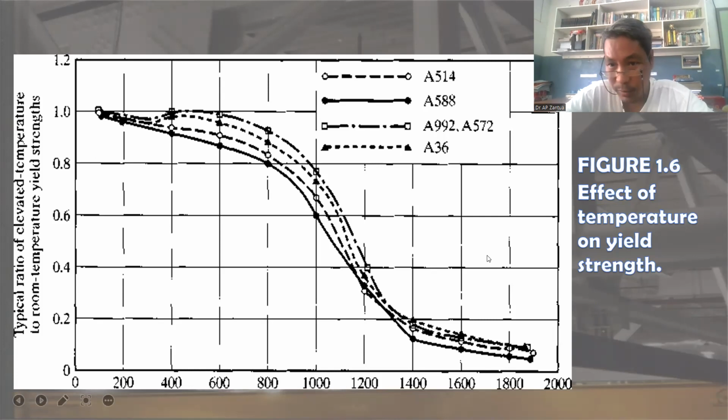So, effect of temperature on yield strength. At about 500 degrees Celsius, your yield strength has decreased by 10%. Okay. So if you go further to 800, it is a 20% decrease.